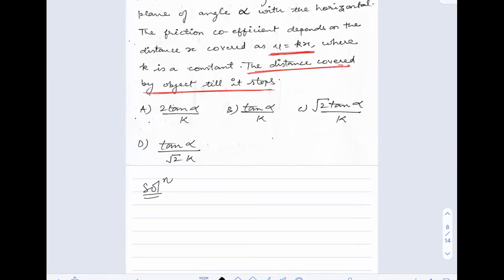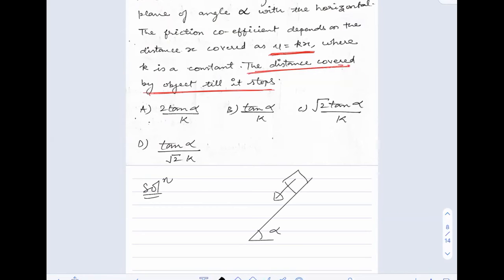So we have an inclined plane here, and we have a block. This block starts sliding downward, and the angle is alpha. This angle is alpha given to me.